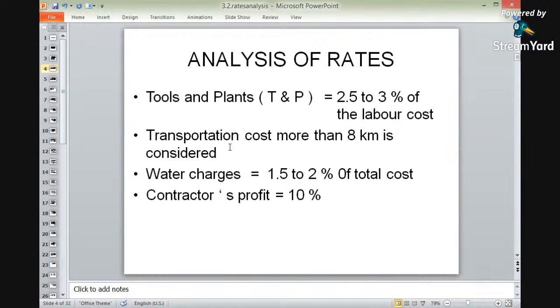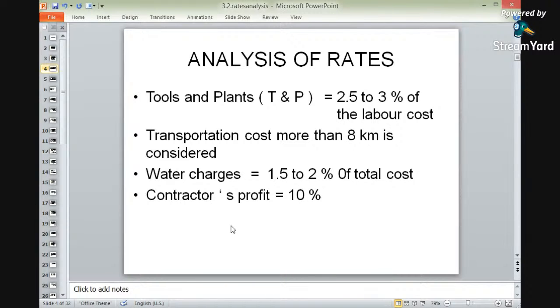For RCC works, for any type of construction work, water is required for mixing, water is required for curing also, for various purposes we require water. So from the total amount, it is kept as 1.5 to 2%. Water charges are kept aside from the overall cost, taken as 1.5 to 2%. What about the contractor's profit?